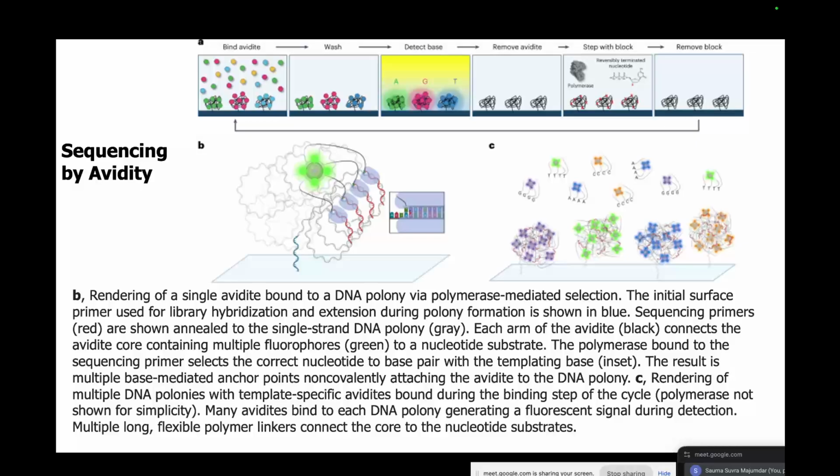Then you use a similar technique where you have a DNA polymerase and a primer, but instead of having fluorescently labeled nucleotides in the solution, you use these avidites to do the synthesis. So you do not have free-floating dNTPs or anything else. You just use these avidites to do the synthesis, and based on the signals from these avidites, you determine what the base is at that particular position, right? So this was the USP for avidity.